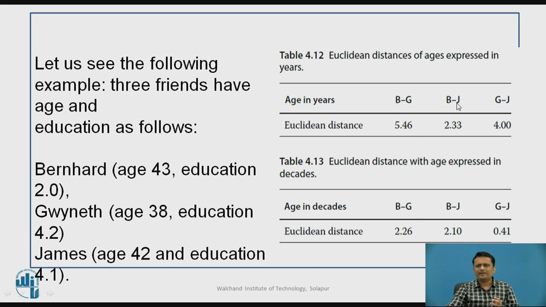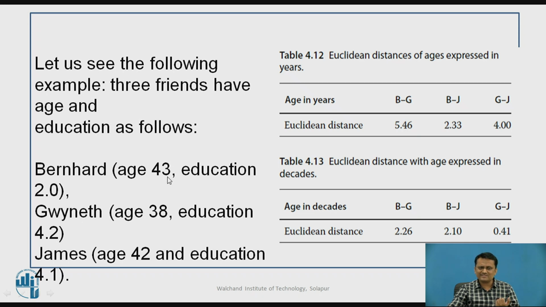Now only one change I am making is, instead of representing the age in years as it is, age is represented, let us say, in decades. 43 years represents 4.3 decades, 38 represents 3.8 and 42 represents 4.2.